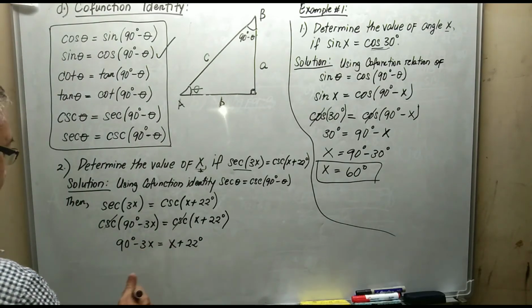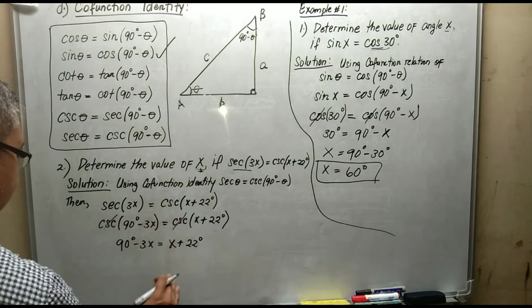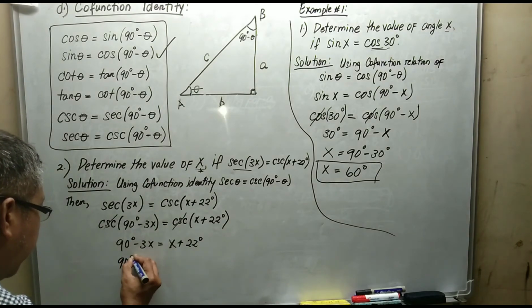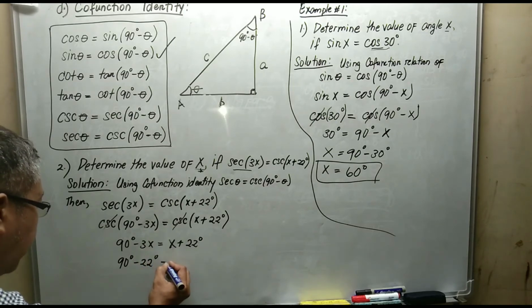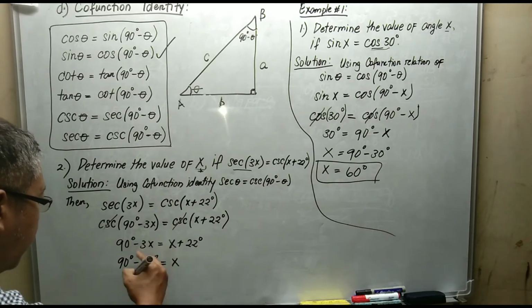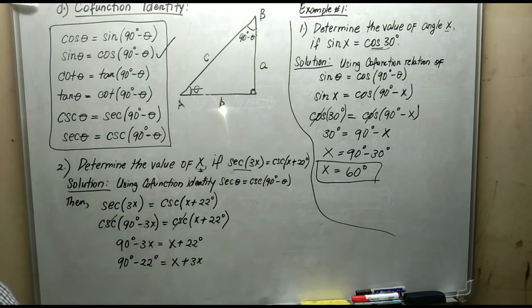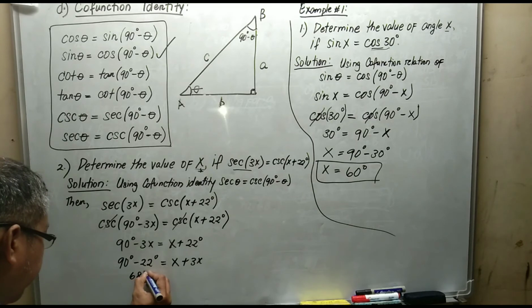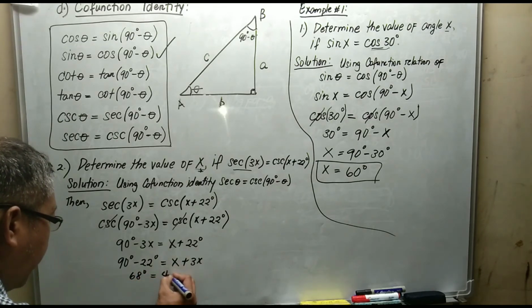So by rearranging or transferring to the other sides will be 90 degrees minus 22 is equal to x plus 3x. Okay. So 90 minus 22, how much, guys? So 68, is equal to x plus 3x equal to 4x.